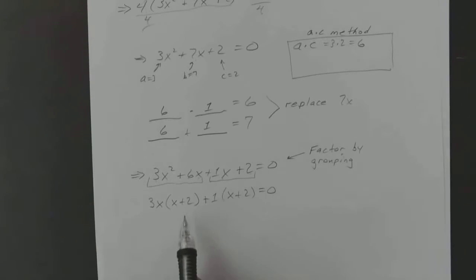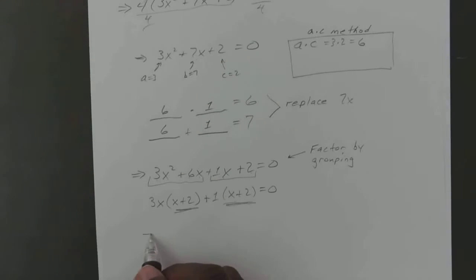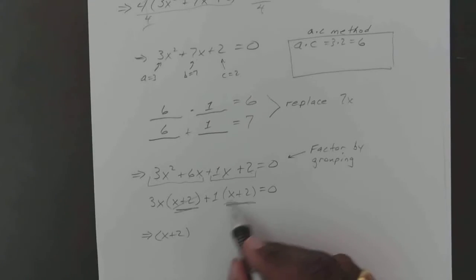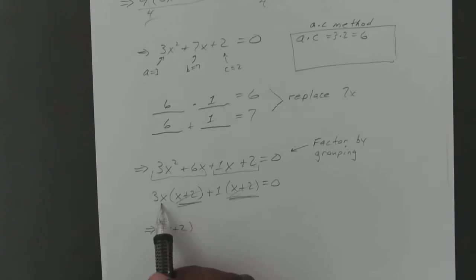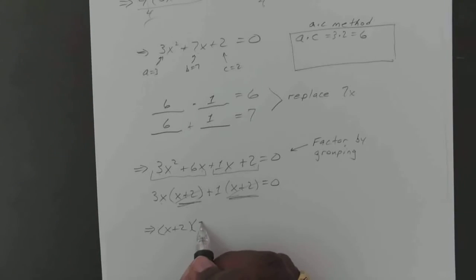Okay, so now you have your matching binomial, which is the goal once you do factor by grouping. So you can factor out that matching binomial. So you have x plus 2, and go ahead and cross that out if you want to. And whatever's left goes in the next parentheses, so you have 3x plus 1 equals 0.